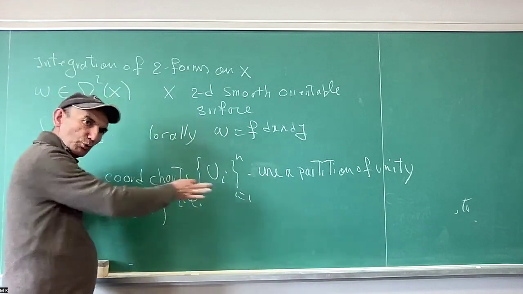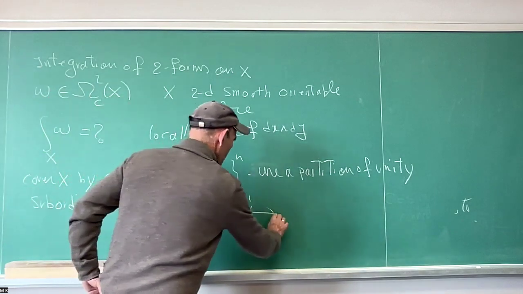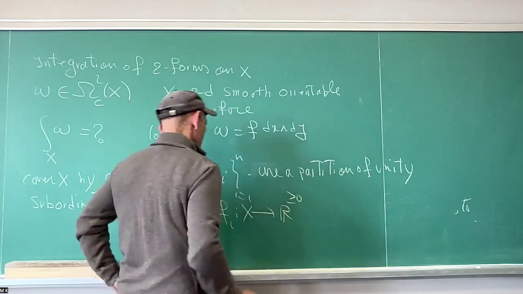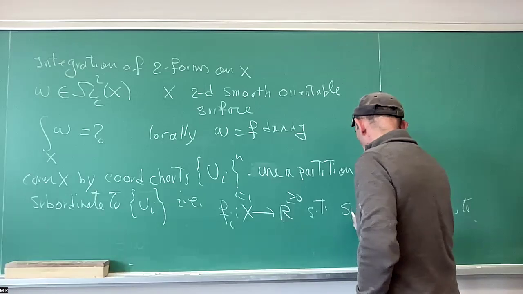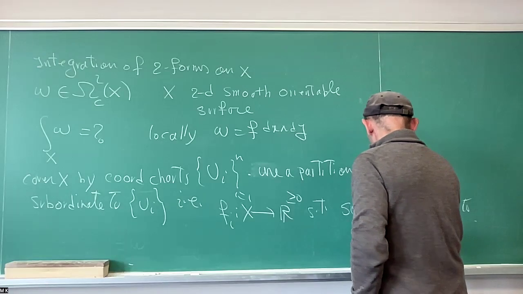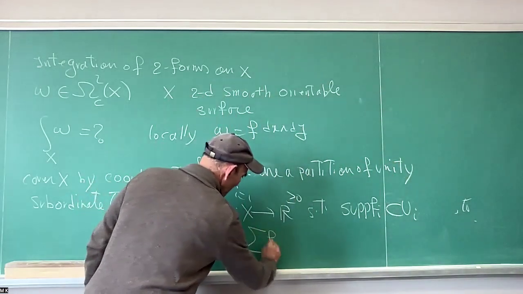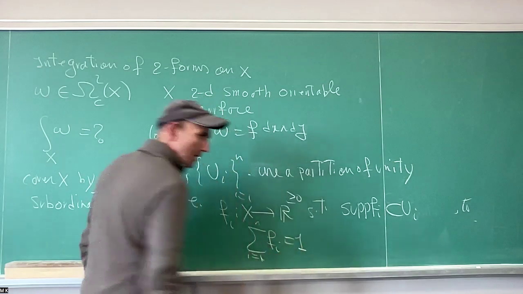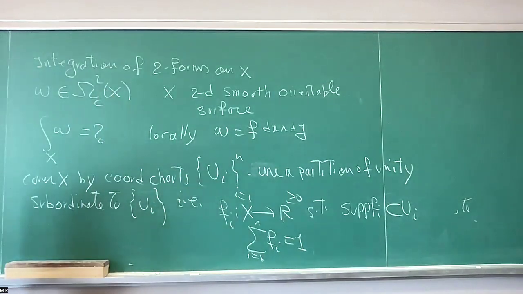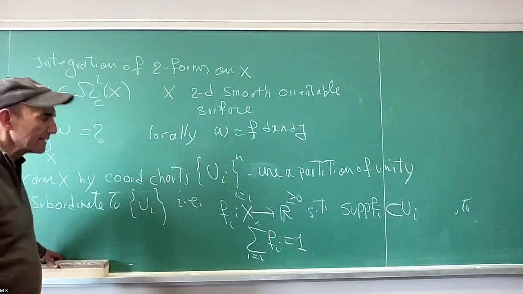Basically, these are smooth functions fi from x to R, greater than or equal to 0, such that the support of fi is inside ui, and the sum over i from 1 to n is equal to 1. There are general results in topology and smooth analysis that tell you that such things exist.